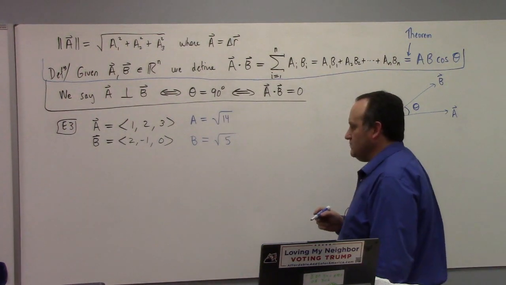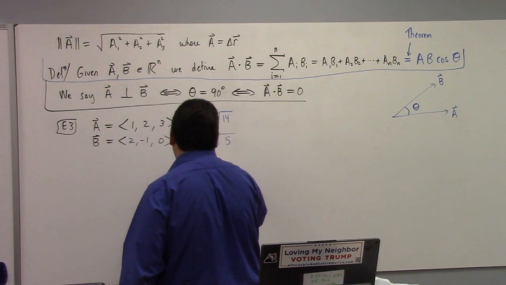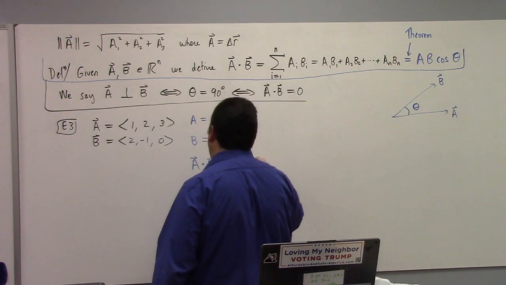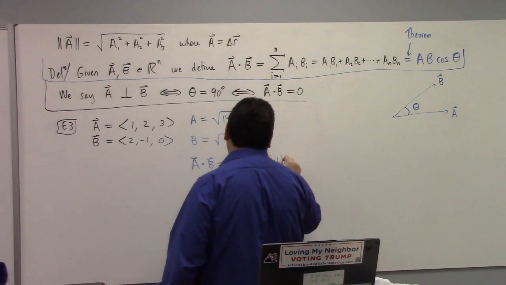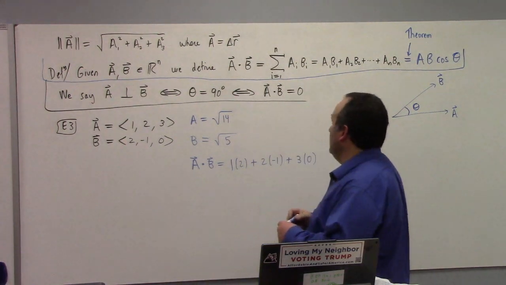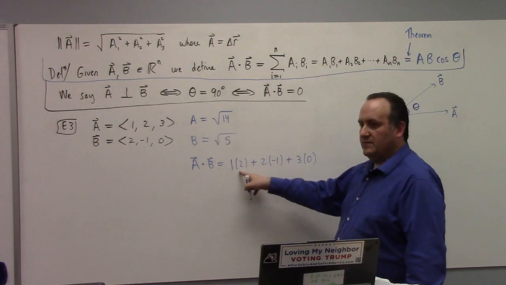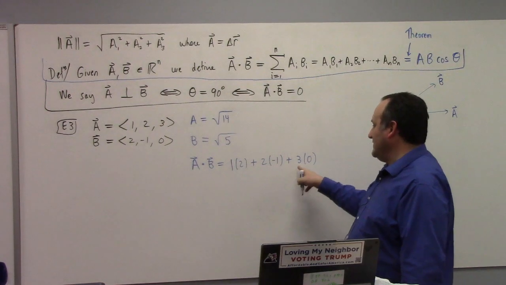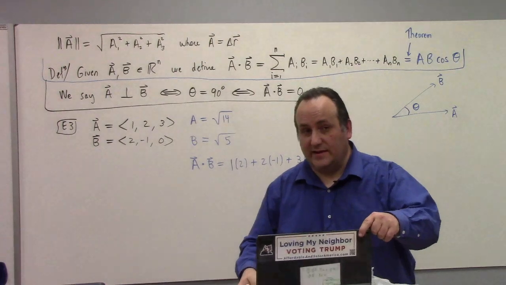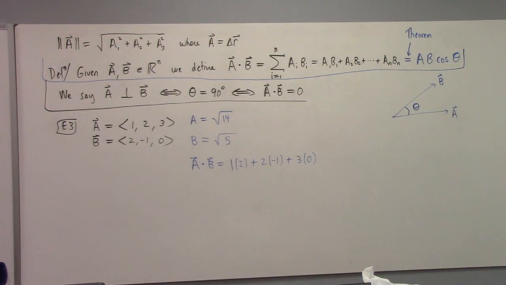What's A dot B equal to? We do 1 times 2 plus 2 times minus 1 plus 3 times 0. This is just A1 B1 plus A2 B2 plus A3 B3. The dot product is a number: we take two vectors and we get out a number.